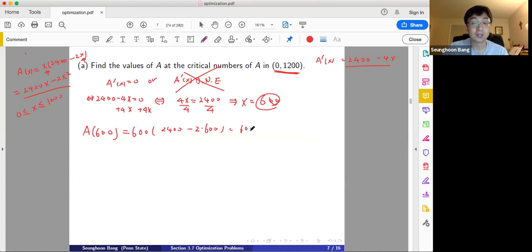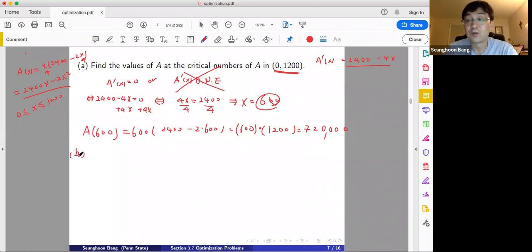We have 600 times, 2400 minus 1200 is only 1200. So 12 times 6 is 72, and we have 4 zeros. 720,000 is A of 600.